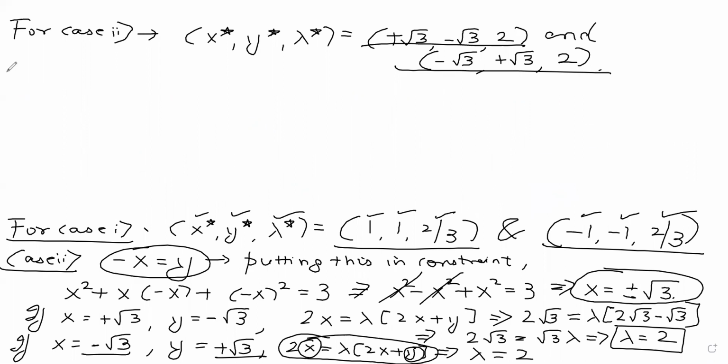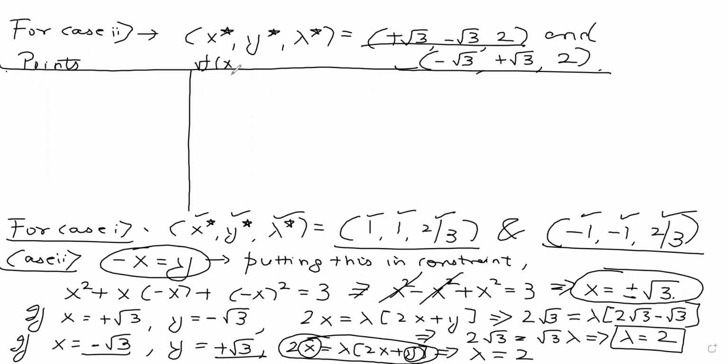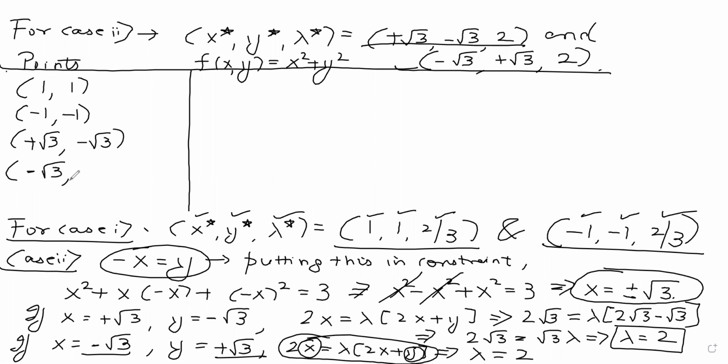Let us look at this. We have the points and we have f of xy, which is x square plus y square. Now I can put all the points. My points are 1 comma 1, minus 1 comma minus 1, then plus root 3 comma minus root 3, then minus root 3 comma plus root 3.